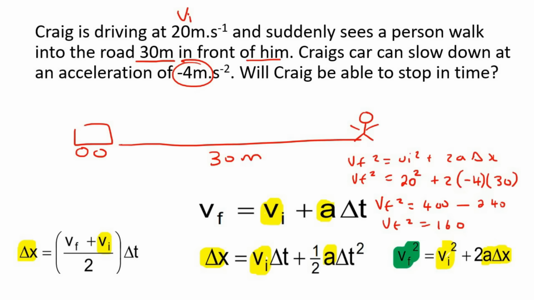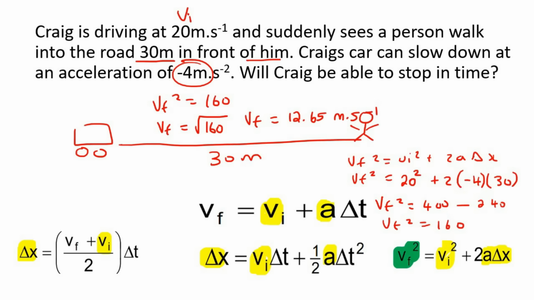If you've got Vf squared equals 160, then to get the final velocity you have to take a square root. The square root of 160 gives you 12.65 meters per second.